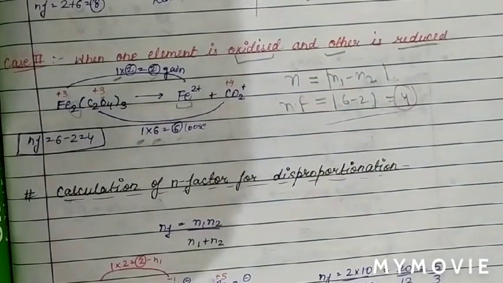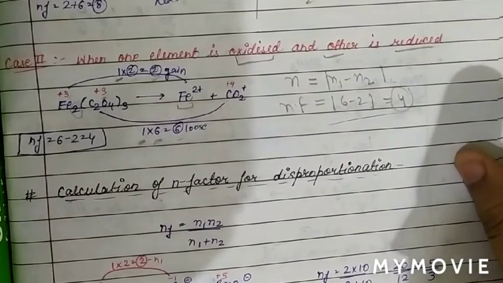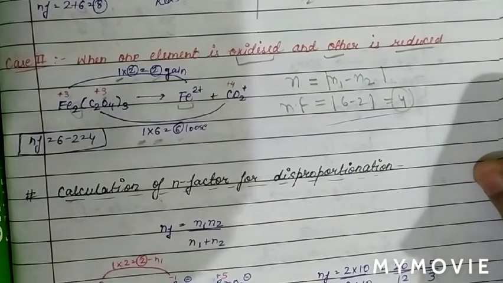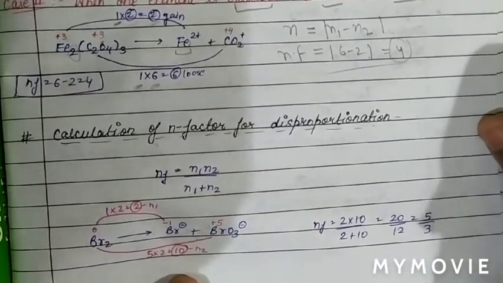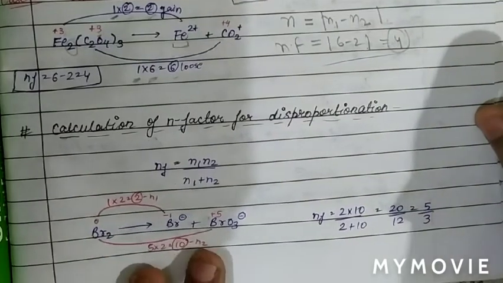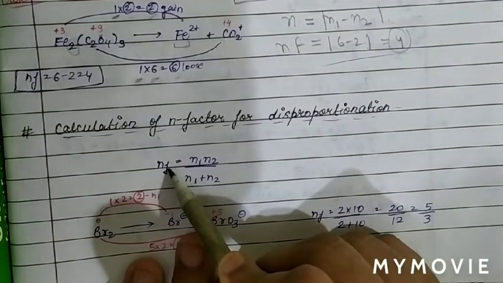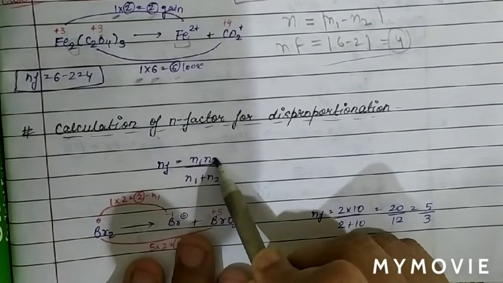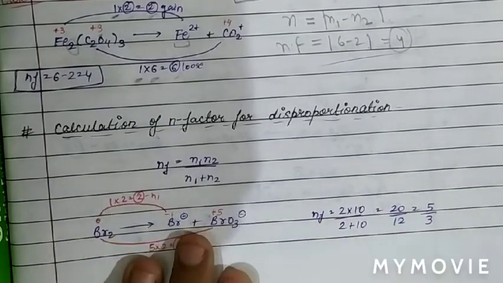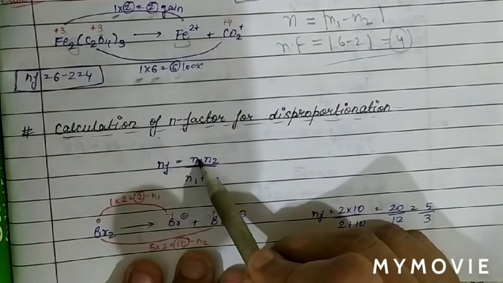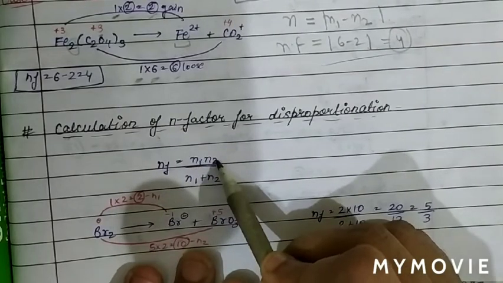Now we see the next n factor, for disproportionation reaction. See how to calculate the n factor for disproportionation reaction. So basically n factor in case of disproportionation reaction is n1 into n2 upon n1 plus n2. n1 is the first n factor, n2 is the second n factor.